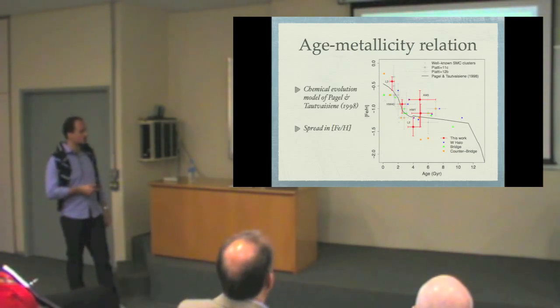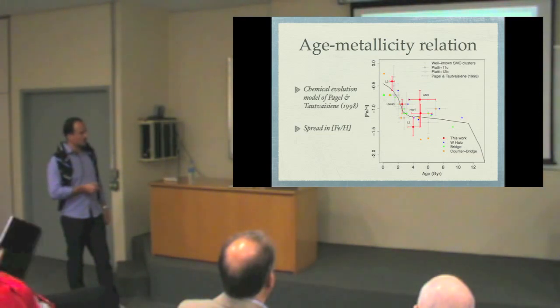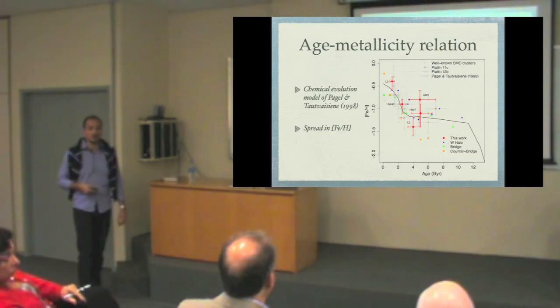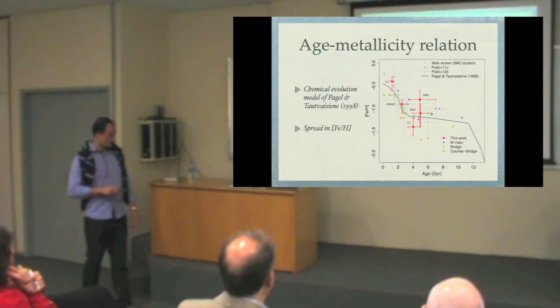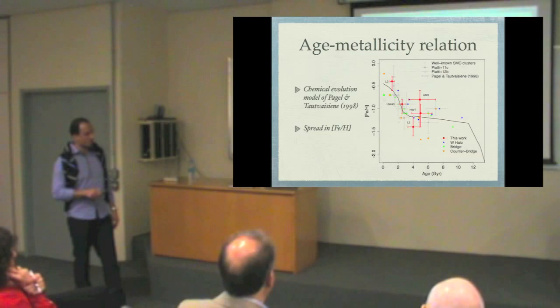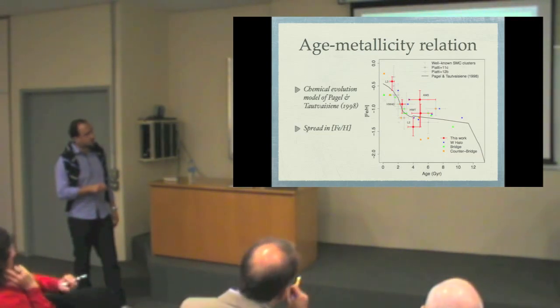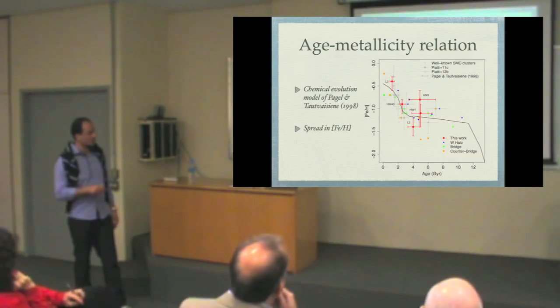In red, I show the ones studied by us, and in blue are the West Halo clusters. In black, here, the line in black, I show a model from Beatriz and Saviane, just to show that this theoretical model follows roughly the trends of the distribution of age and metallicity here.